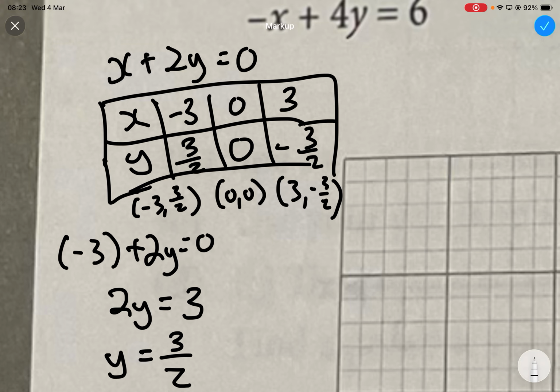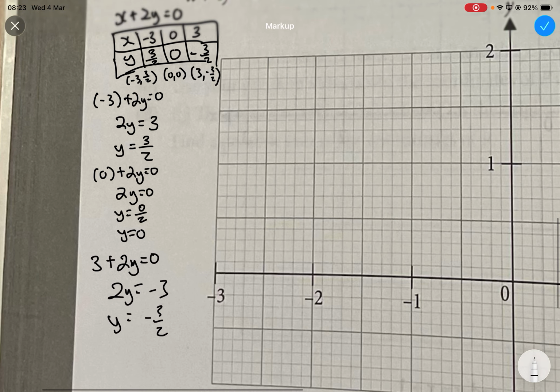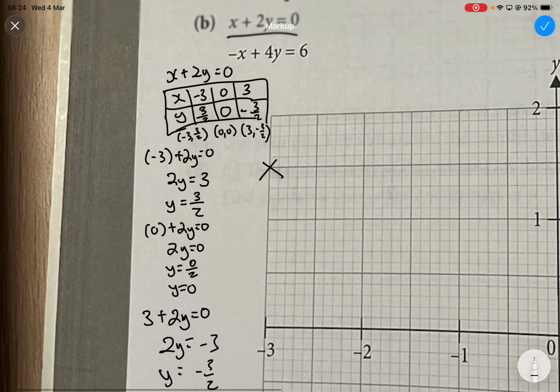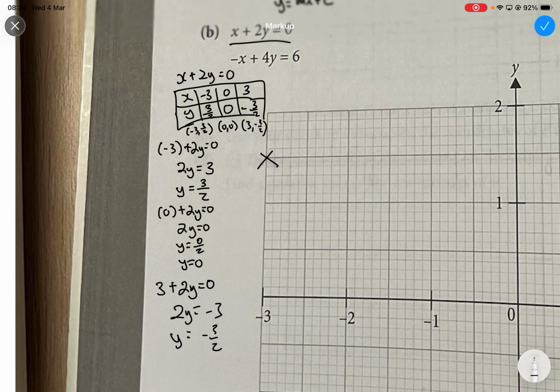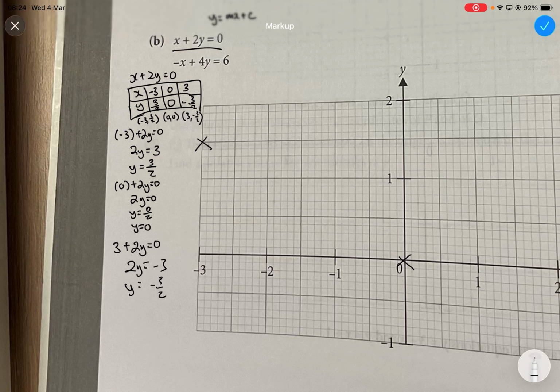When x is negative 3, y is 3 over 2. 3 over 2 is 1.5. So here, 1 point. When x is 0, y is 0. So here, 1 more point.